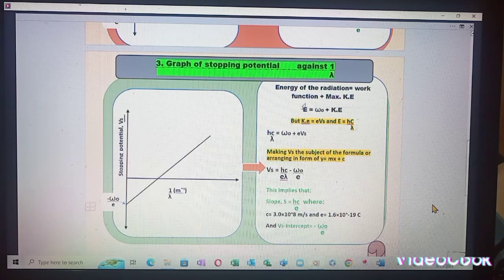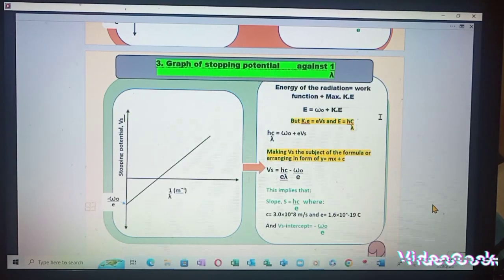So that means energy can be written as HF. But remember, frequency equals speed over lambda from the wave equation. So HF can also be hc over lambda, because we know frequency is c over lambda from the wave equation, where c is the speed of light or the speed of the wave over wavelength.